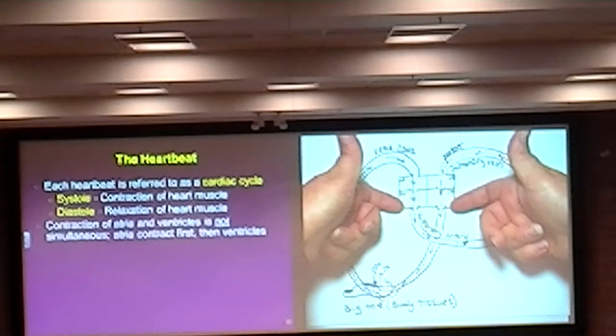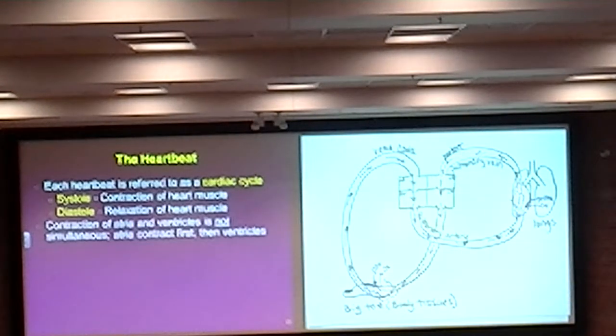Then the ventricles squeeze blood out to the body or the lungs. If they both squeezed at the same time, the ventricles wouldn't be very effective. They have to first fill up with blood, then they can squeeze it out to the body. So your body has to have a way to regulate that to get part of the heart to contract separately from the other half of the heart.